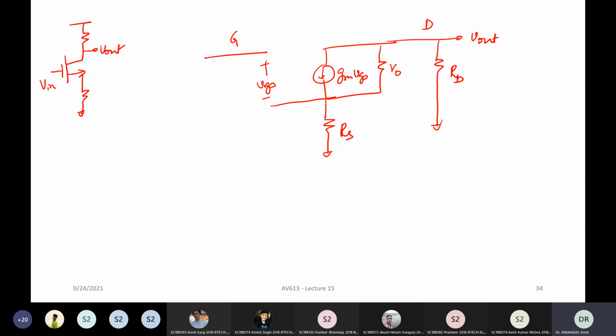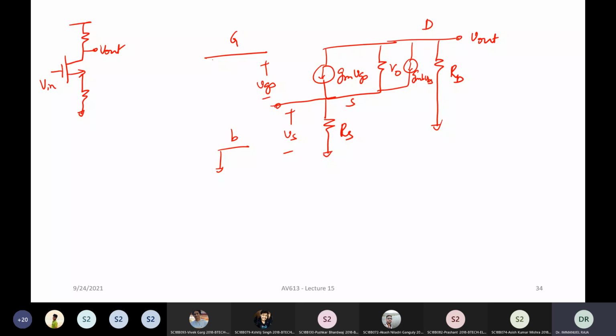Now you can also include the gmb VBS. Basically, it will just come in parallel with this one. Let's call this gmb VBS, and let's say the bulk is grounded. Let's call this VS, your source terminal. Now, what are we interested in?